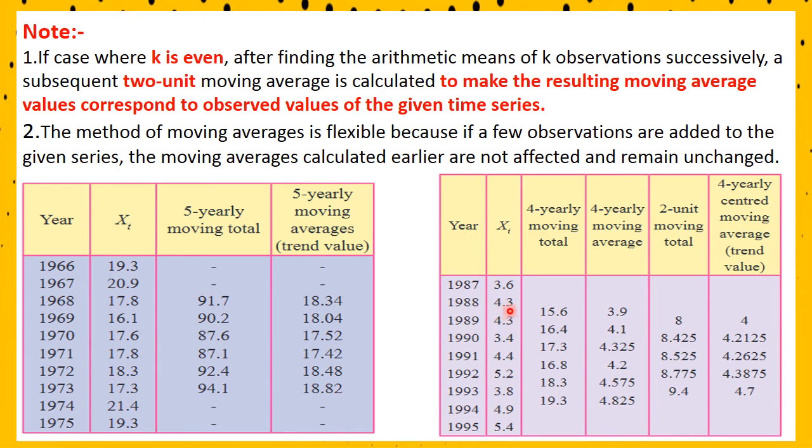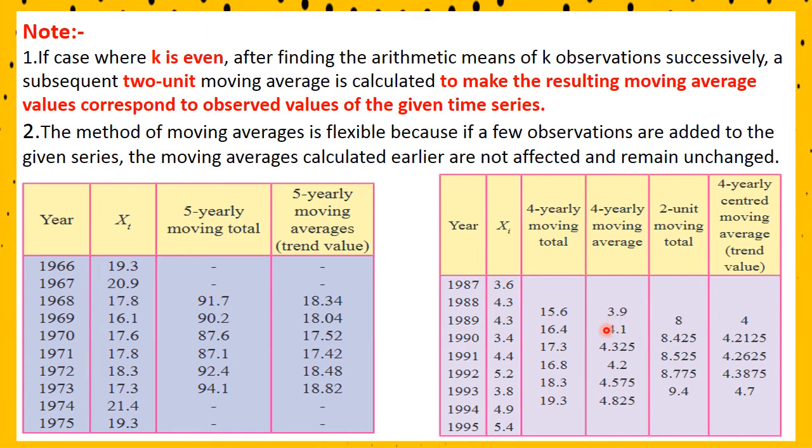So in the middle of these 2 values we write the total and then the average. Similarly we complete all these averages, and here it is not along a particular year, so to draw the graph we will find the 2-unit moving average by finding the total.